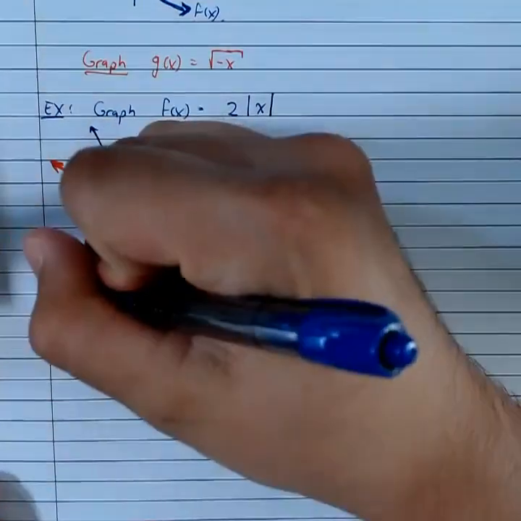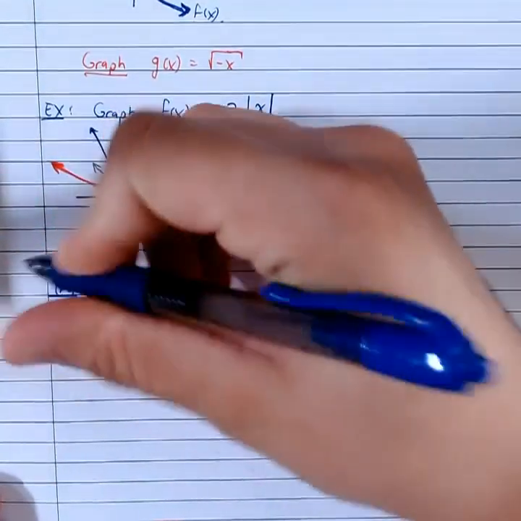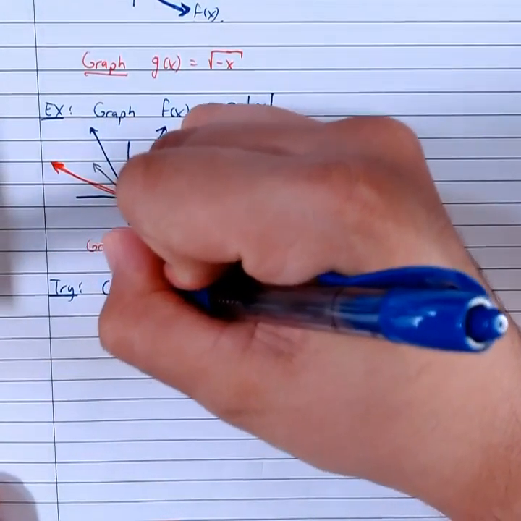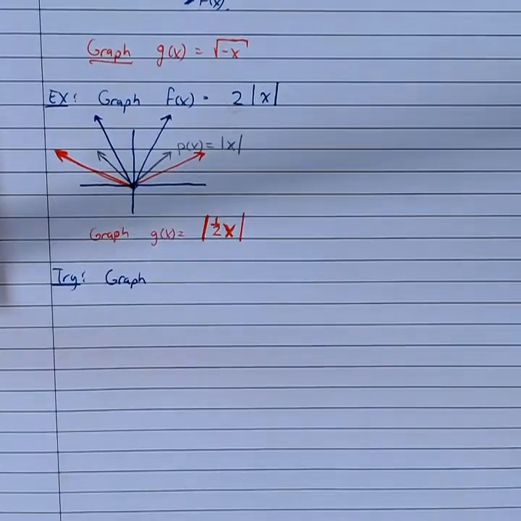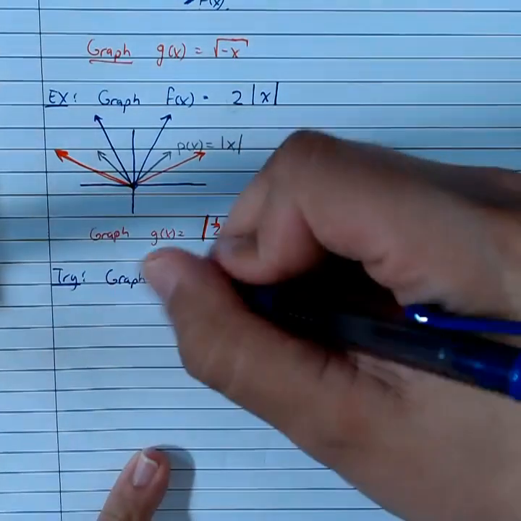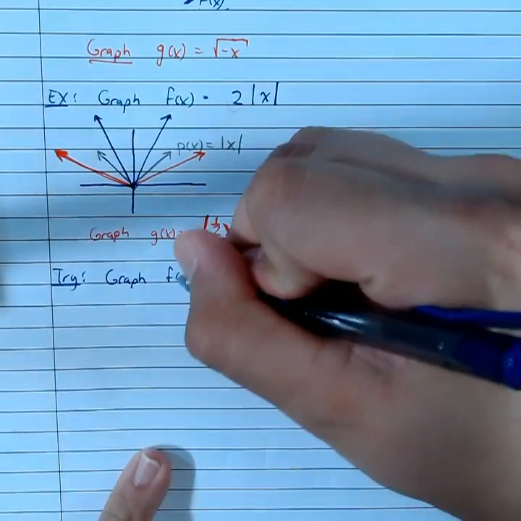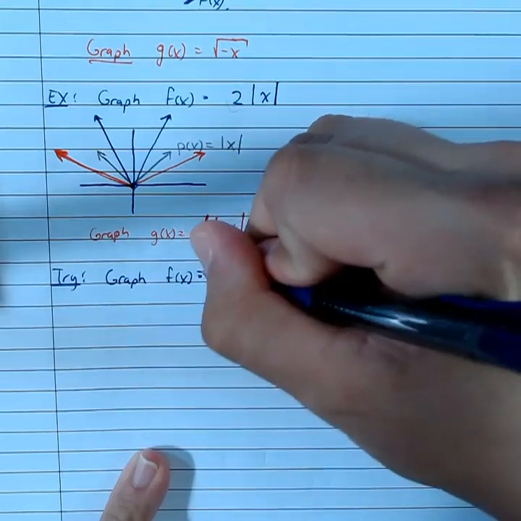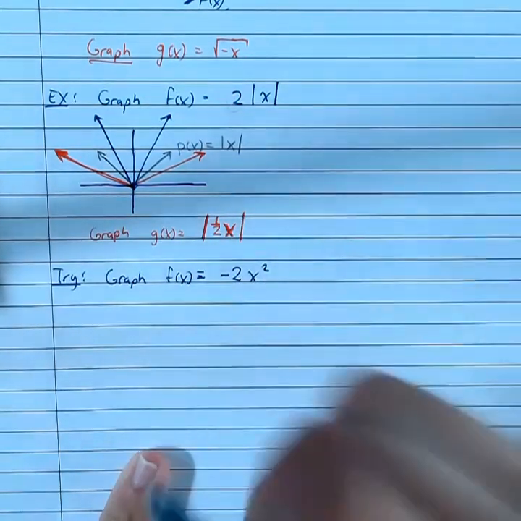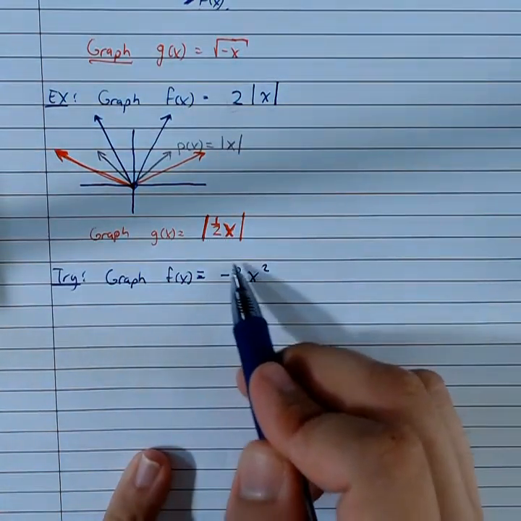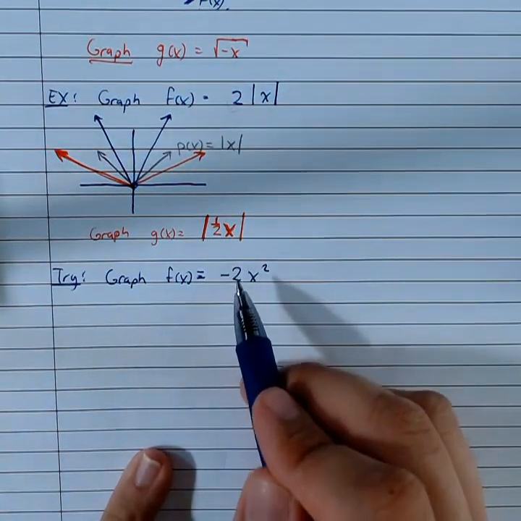So give this a try. You're going to start with the parent function, and then you're going to modify it using whatever transformations are appropriate. So go ahead and try this. Graph f of x is equal to negative 2x squared. Notice here you have one operation, but really you have two.